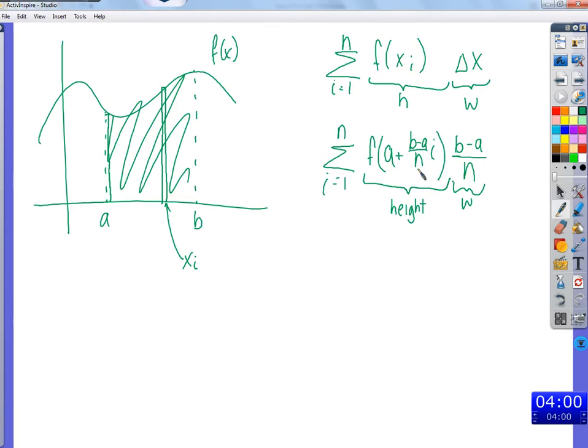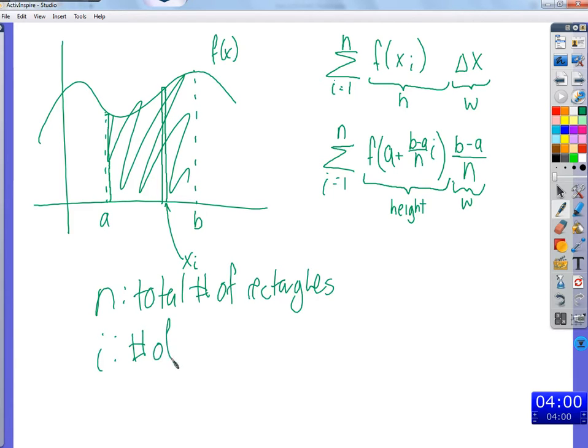Take 856 really small things and add them, and we really haven't gone all that far. n is the total number of rectangles there are, and i is the one that's over. Let's write that down. n, total number of rectangles. i, number of the current rectangle.